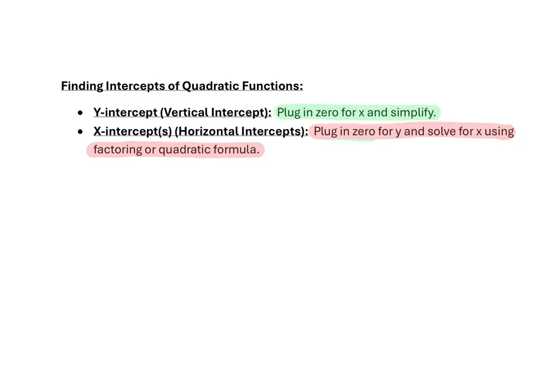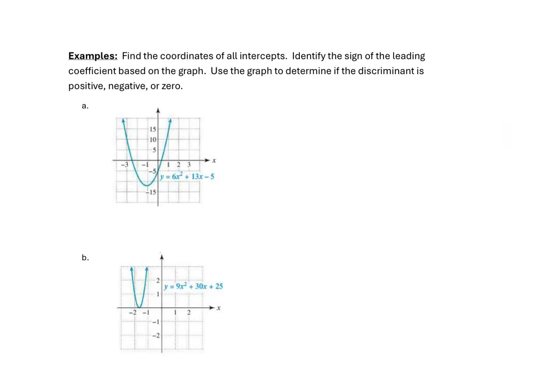All right, let's go ahead and look at some examples, and we want to just kind of play around with this discriminant and intercepts and that sort of thing, okay? So let's look at what we're going to do. The first thing we want to do is find the coordinates of all intercepts.